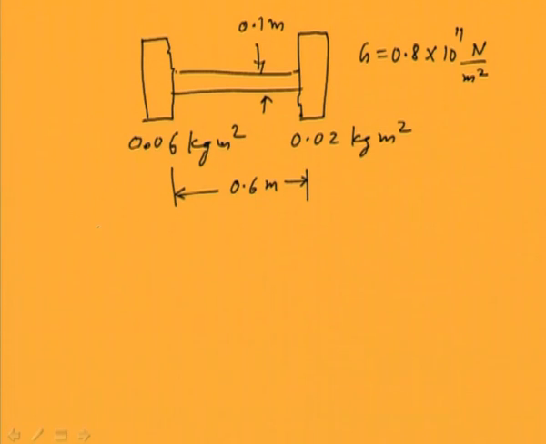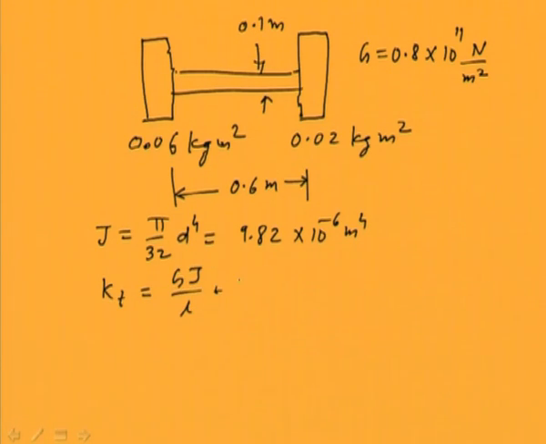With the help of the diameter we can calculate the polar moment of area, that is in meter 4, and similarly the KT can be obtained as 1.31 into 10 raised to 6 Newton meter per radian.